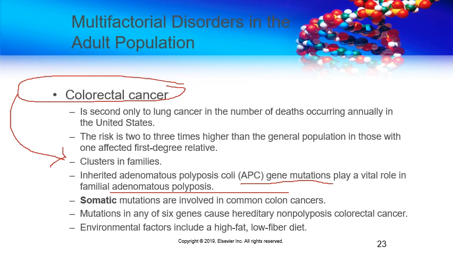And then the environmental factors that increase the risk of colon cancer include a high-fat, low-fiber diet. So we need to have a low-fat, high-fiber diet to help reduce our risk of colon cancer, colorectal cancer.